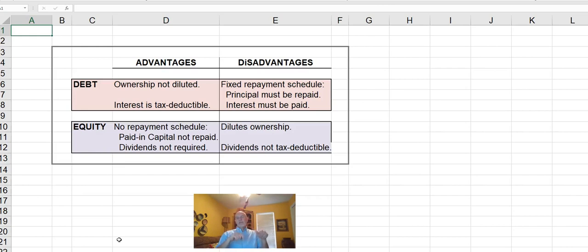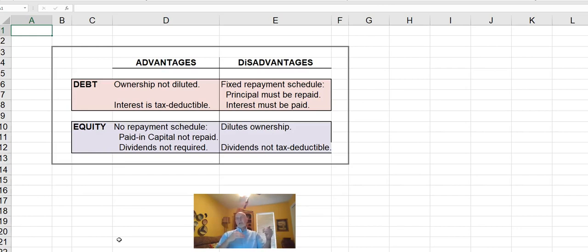And the interest that we pay on that debt, remember, interest is an expense. It lowers income, and therefore it lowers your income taxes. The downside of issuing debt is we are signing a contract to pay the money back. And so we have this obligation hanging over us. We have to pay the money back. We have to pay interest on top of that.